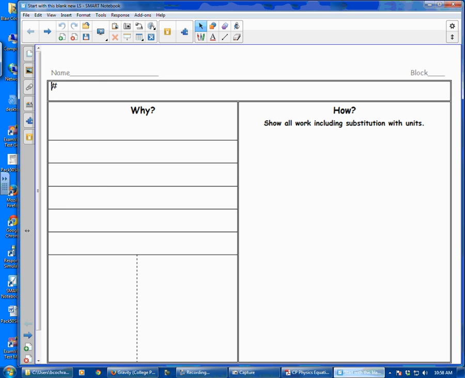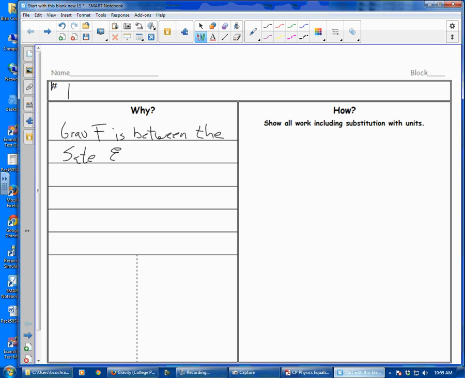So this is going to be number 1, and we might even start off with the gravitational force is between the satellite and the Earth.